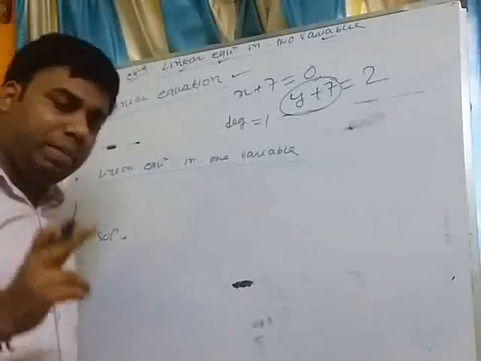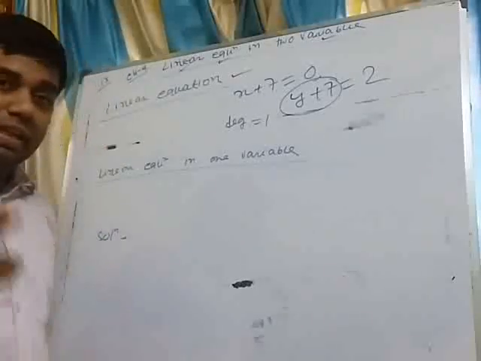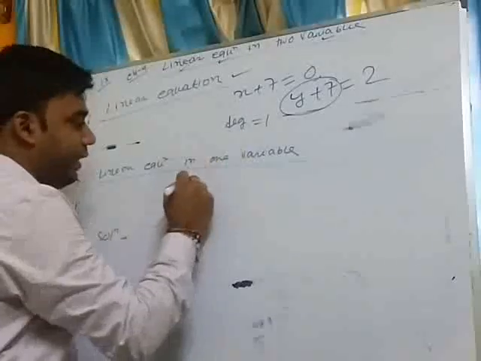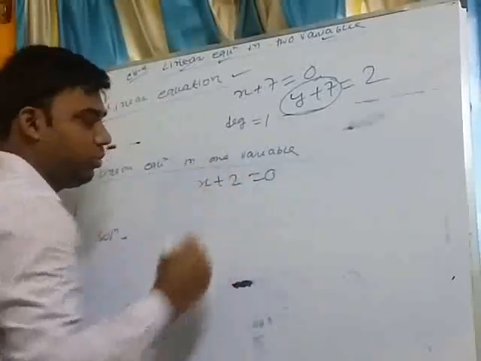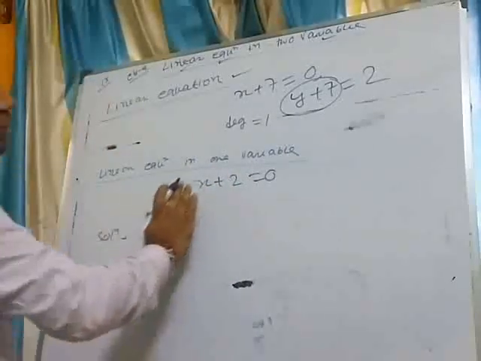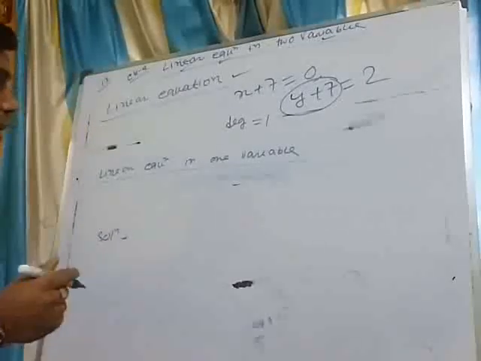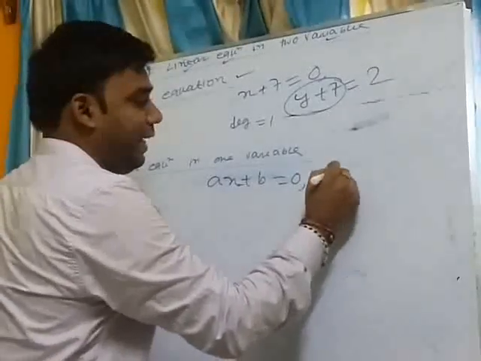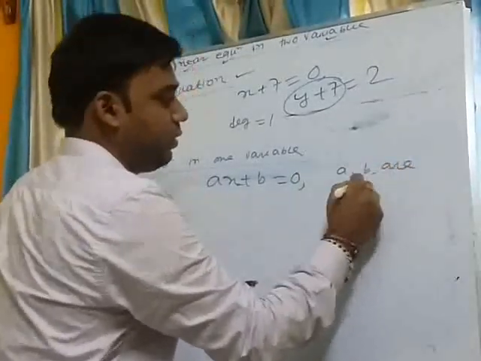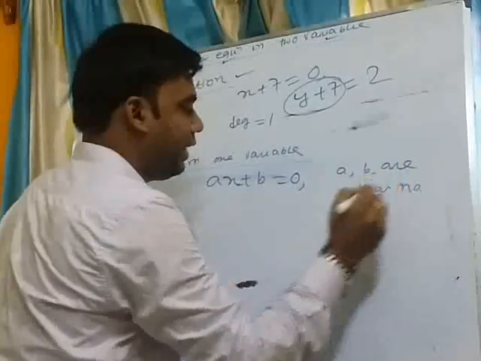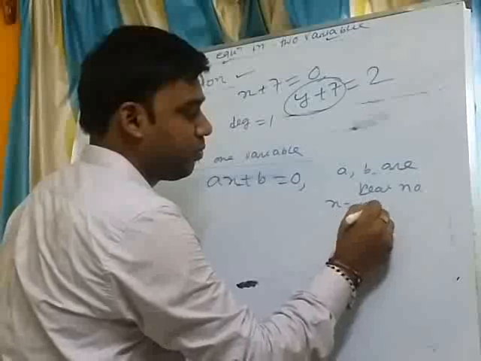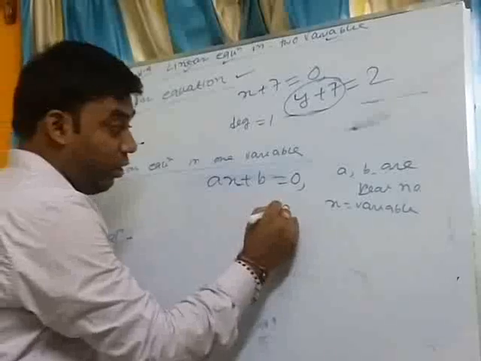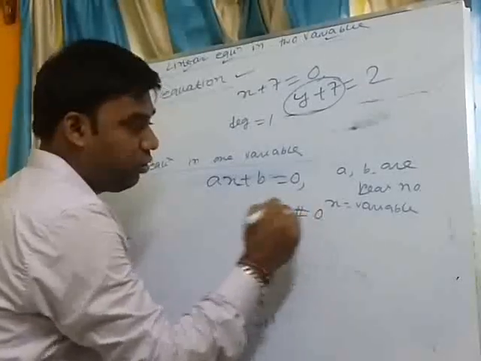Linear equation means the power of the variable should be 1, and if that equation contains only one variable, that is a linear equation in one variable. x plus 2 equal to 0 is linear, and the general form of a linear equation in one variable is ax plus b equal to 0, where a and b are real numbers and x is the variable. Here a must not be equal to 0.